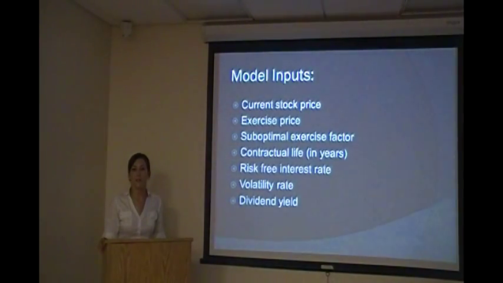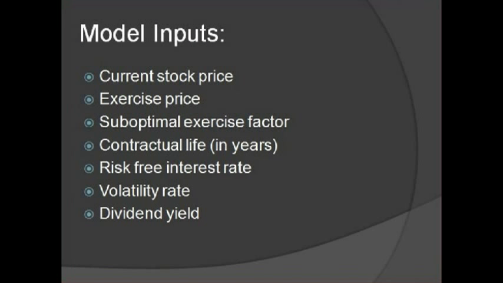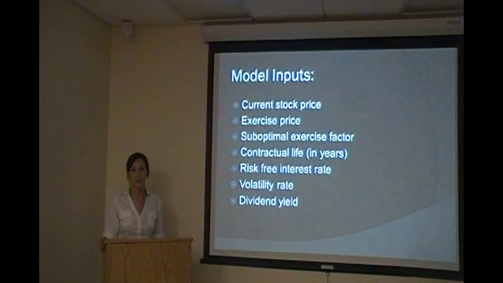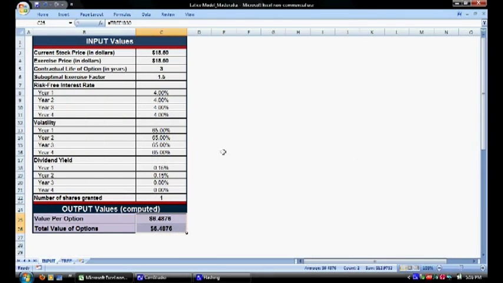The model requires several inputs, such as the current stock price, the exercise price, the suboptimal exercise factor, the risk-free interest rate, the contractual life, the volatility rate, and the dividend yield. Now let's take a look at how the model is assembled using Microsoft Excel. First, we create an input sheet where the user must define values for the input requirements.